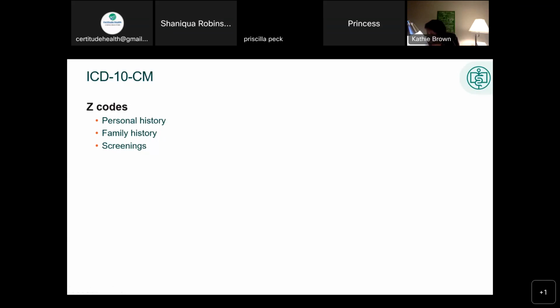You may also see Z codes related to drugs. Like if the patient has asthma, then they may have long-term use of, what do they call it, anti-inflammatory for the lungs.